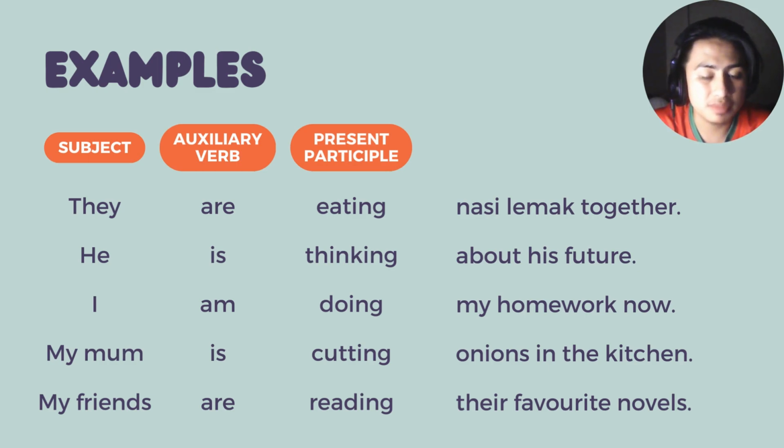And the present participle is reading. And my friends are reading their favorite novels. So we use are because my friends are plural. And do you notice that all the present participle that we use has ing at the back? So we don't use the base verb. We use the verb that is modified into a present participle by adding ing at the back.